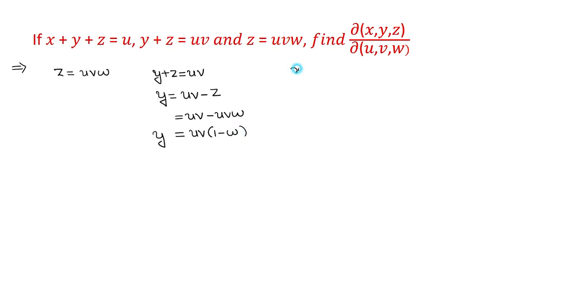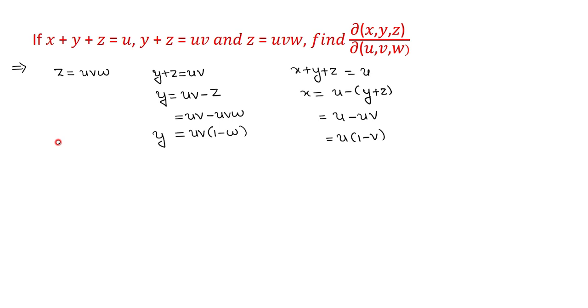So this y in terms of uvw is uv(1 minus w). Similarly, x plus y plus z is equal to u. We note that y plus z is uv, so x is equal to u minus (y plus z), which is u minus uv. So u is common: u(1 minus v).